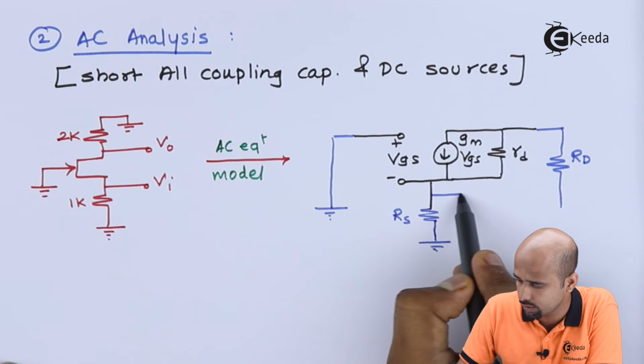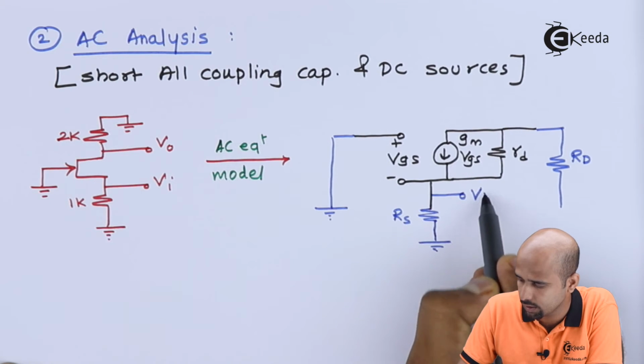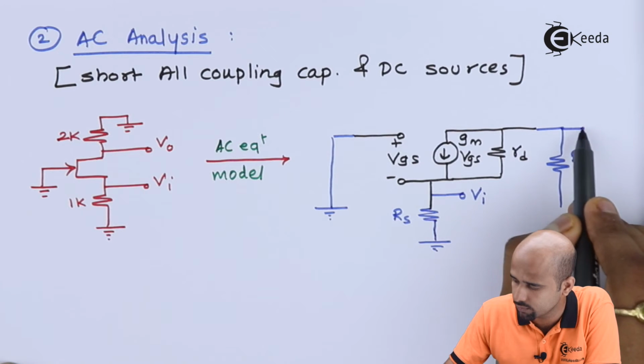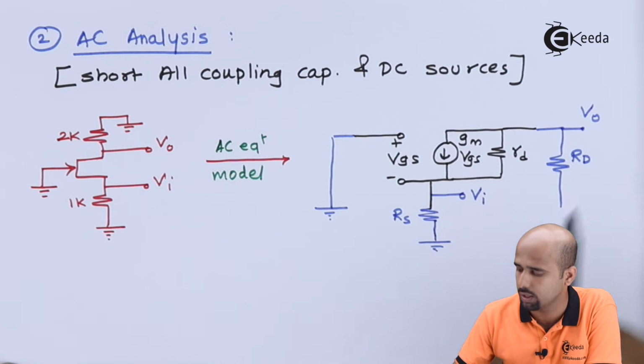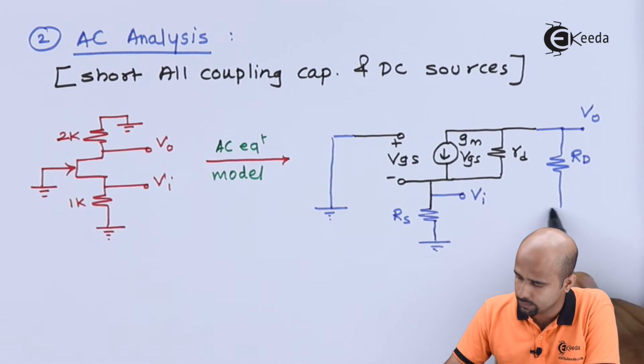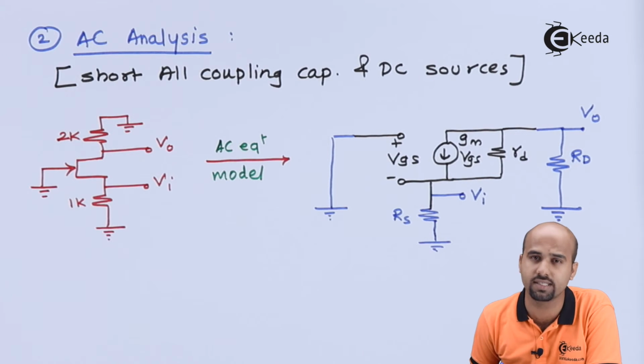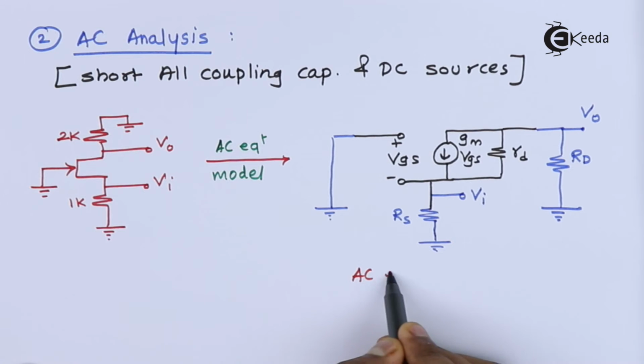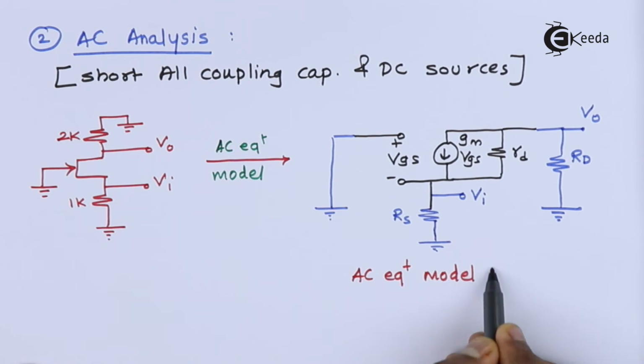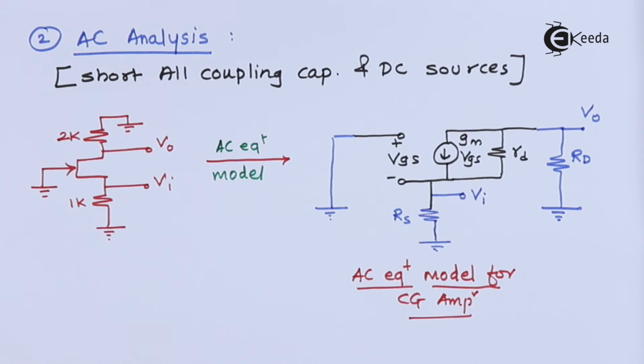And here we'll apply the input, here we'll take the output. This is how we have done the AC equivalent model. Now we will move towards the calculation of voltage gain, input impedance and output impedance. This is what we have to get actually in this numerical.